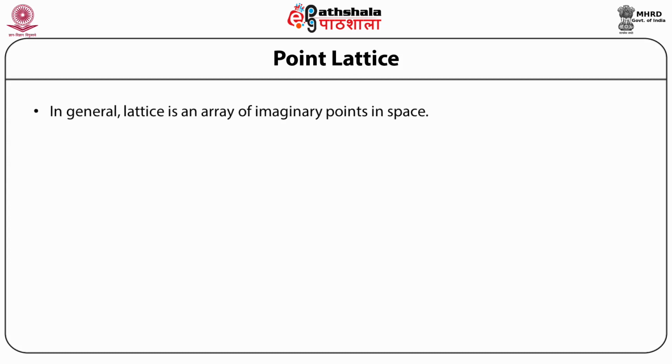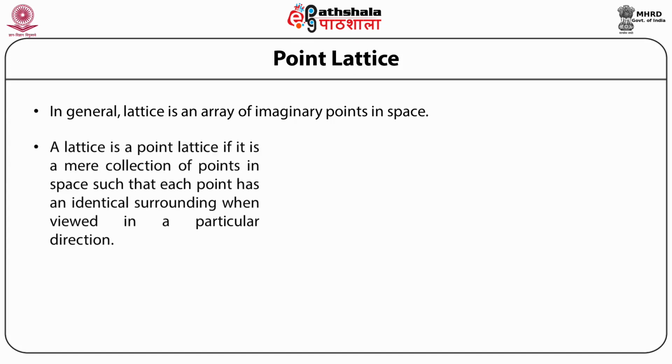In general, a lattice is an array of imaginary points in space. A lattice is a point lattice if it is a mere collection of points in space such that each point has an identical surrounding when viewed in a particular direction.